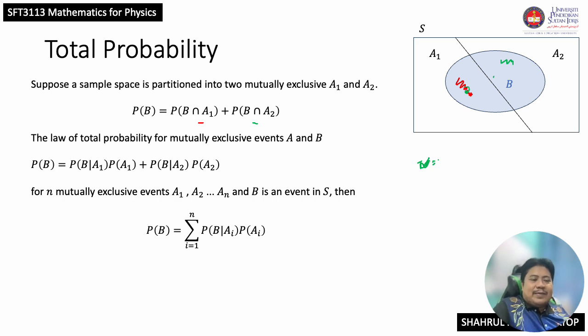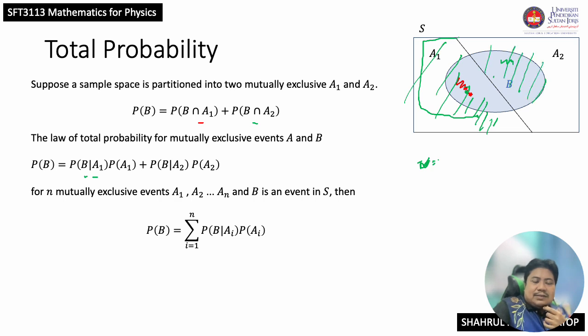So the probability of B is equal to the probability of B given A occurs. This is all the area of A1. So if A1 occurs, the probability of B given A1 is the condition, multiplied by P(A1), plus P(B|A2) multiplied by the probability of A2.